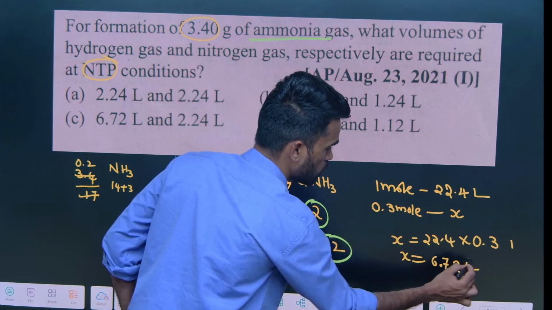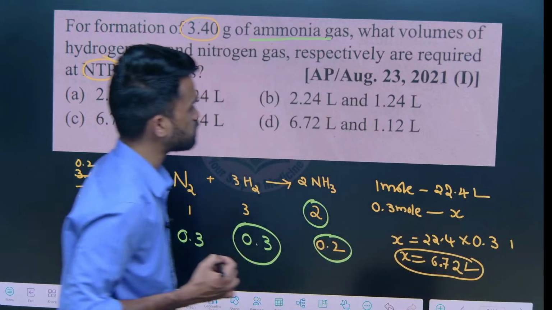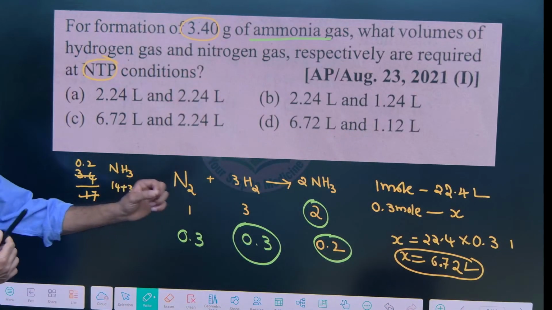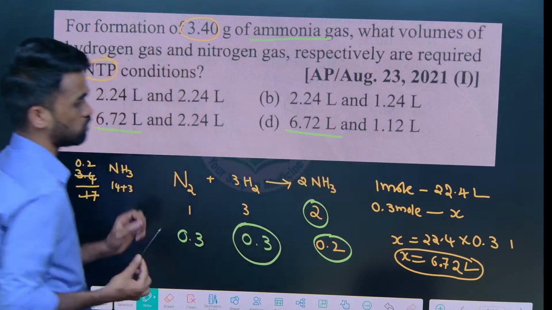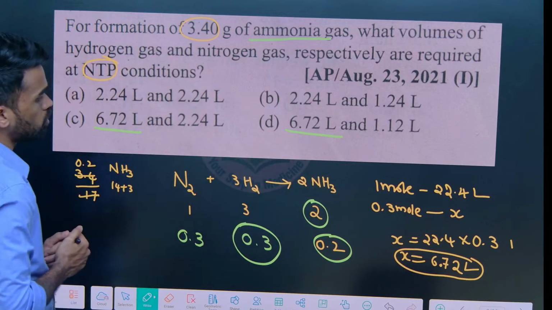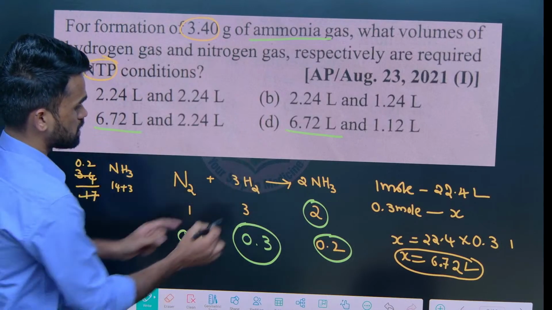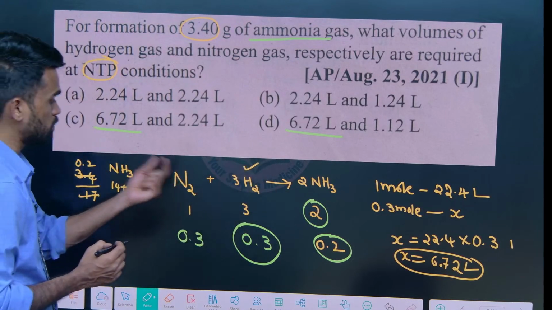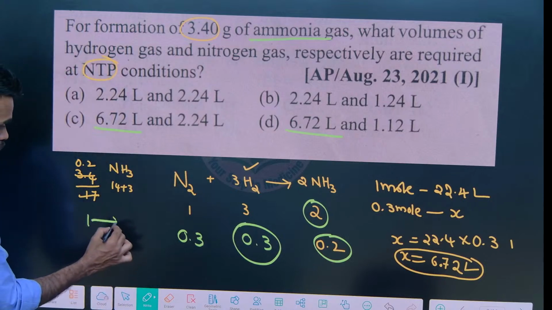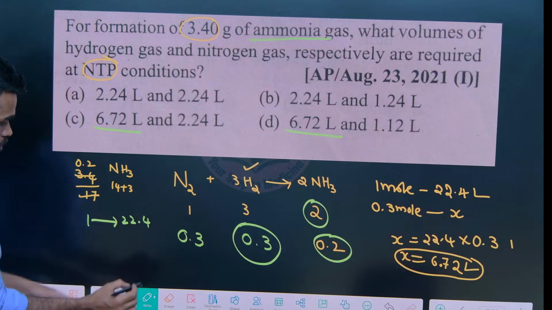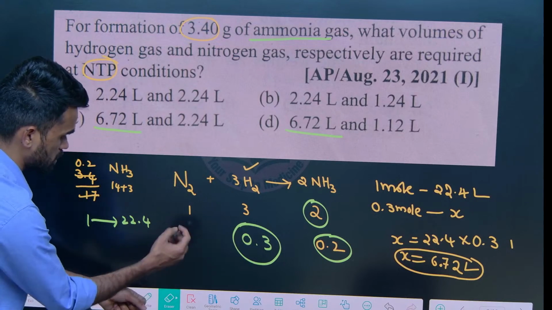So how much volume of H2 is required here? 6.72 liters of H2 is required. See, there are two options with 6.72, that is for hydrogen. Now similarly, can you do it for N2? 1 mole of N2 occupies 22.4 liters, but here it is mentioned as just 0.1.